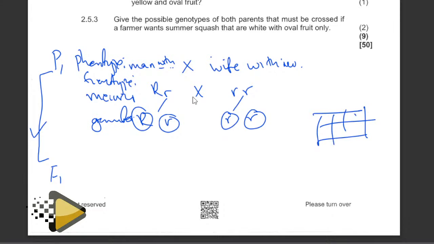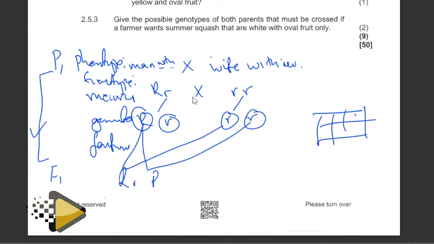Either way, as long as it's correct, you write the word fertilization if you use the Punnett square, or you write fertilization here. And then you start capital R, small r, this with this, capital R, small r, this with this, small r, then this with this, small r.